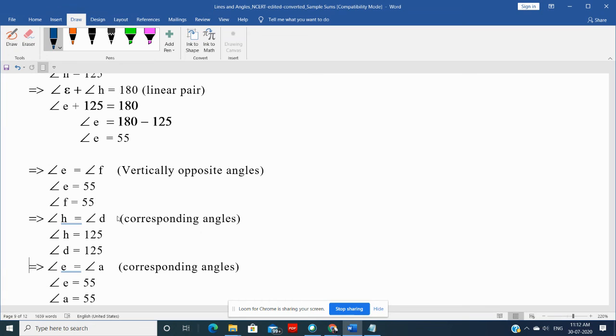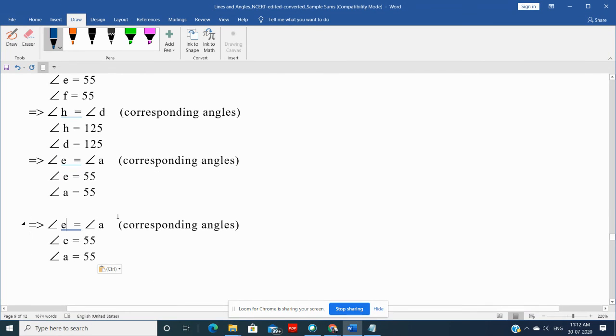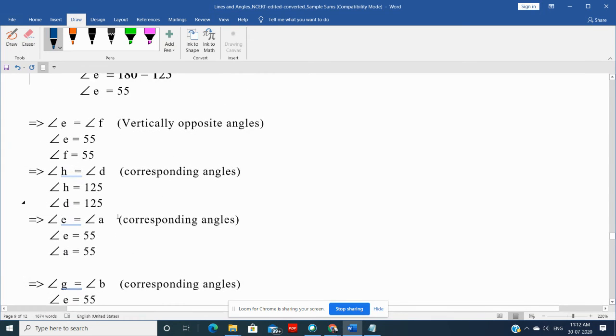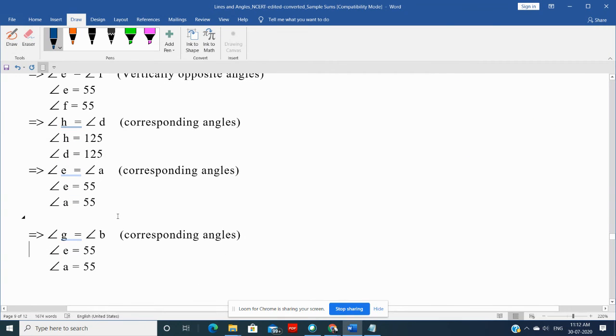Same reason, we will write it down. So angle G and angle B. Angle G is 125, so angle B is also 125, right?